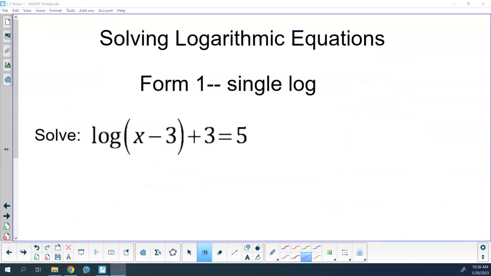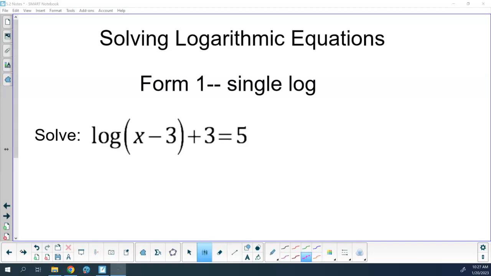With logs come 3 different styles, 3 different forms of types of equations. Okay? With exponentials, it's going to be 1 x. You're going to have one exponented term somewhere in it. Solve. Go. Okay?